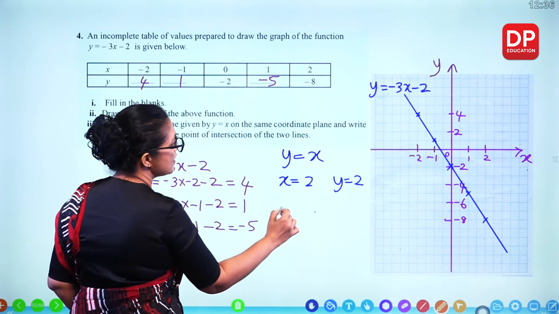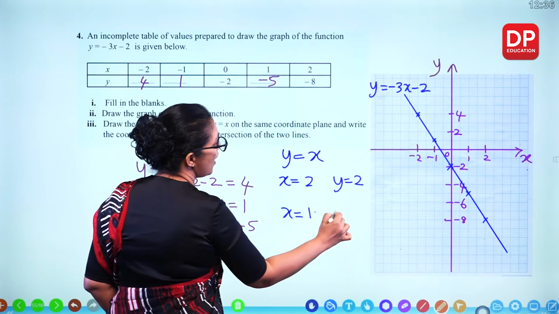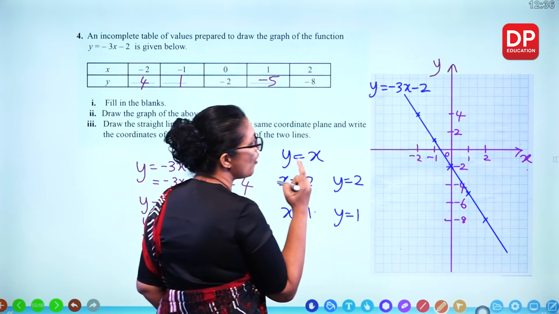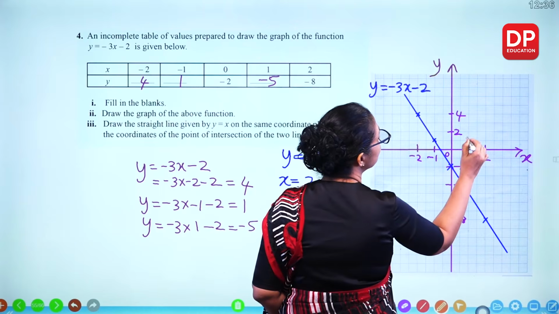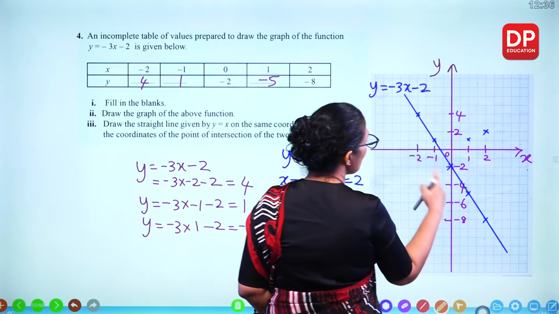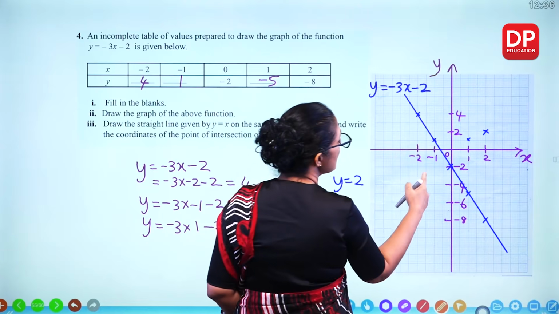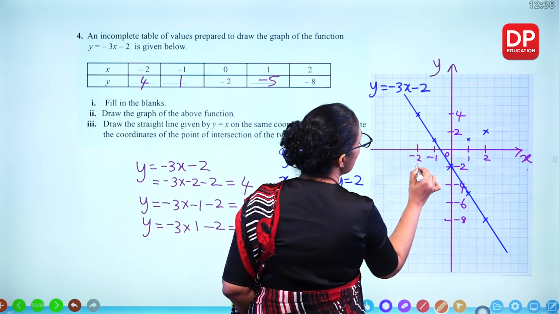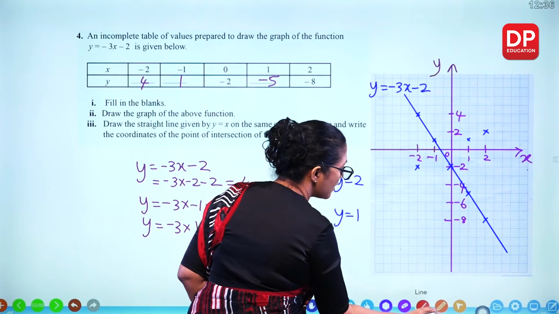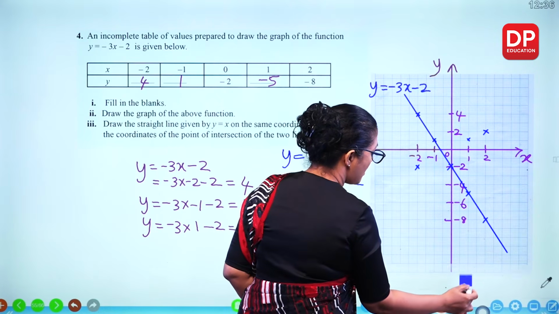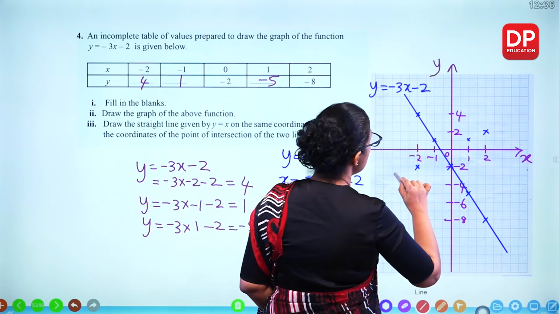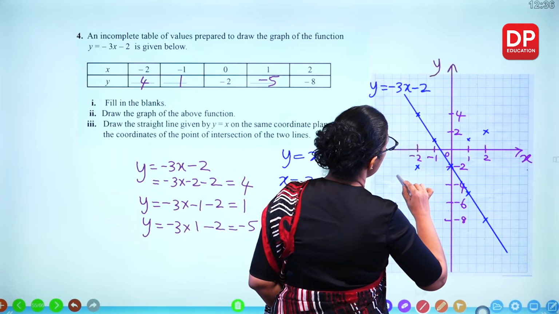So same coordinates, x equals 1, y equals 1. So we can mark several points. 1, 1, 2, 2, or even minus 2 with minus 2, okay. Now we can draw the line. So we'll take another color. So this is y equals x line.